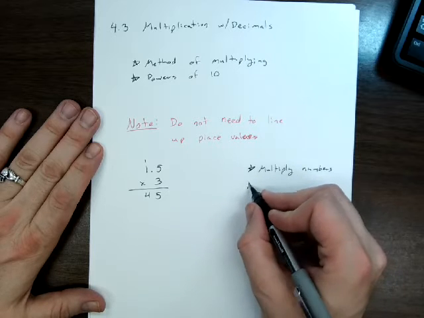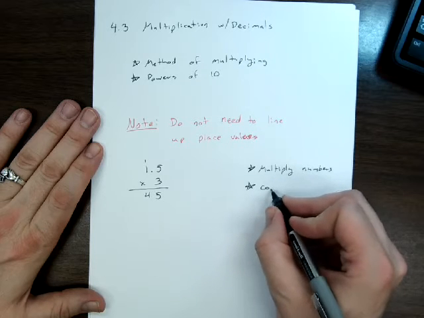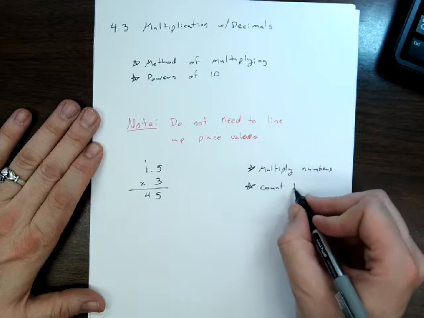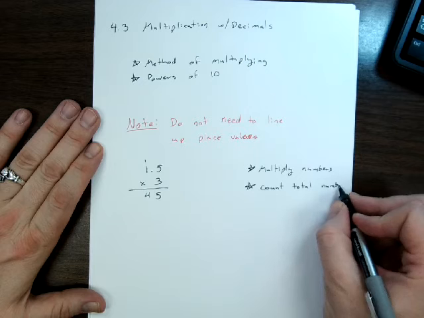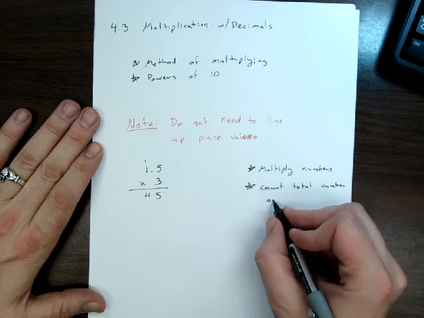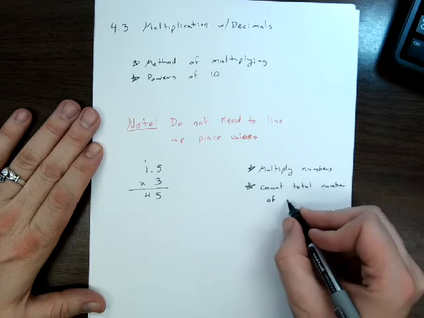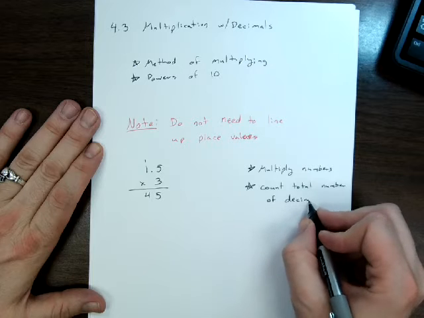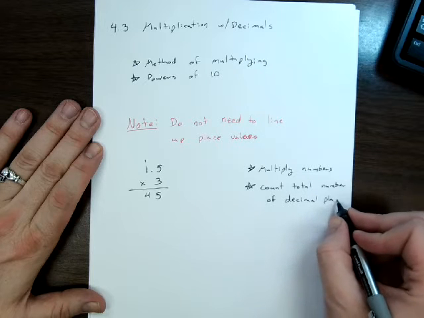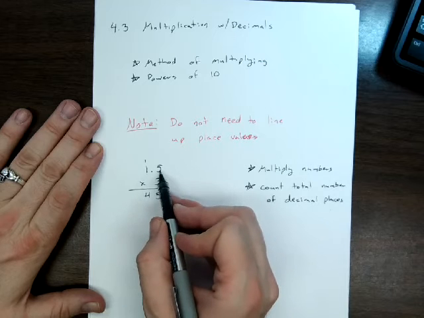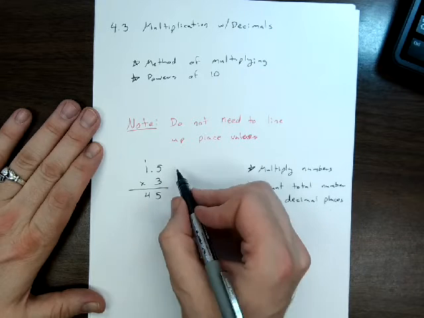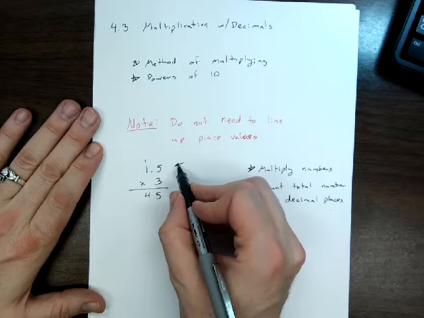Next thing that we're going to do is count our total number of place values, or of our decimal places. So here I've got just one decimal place from that and none from this. So I've got one decimal place.